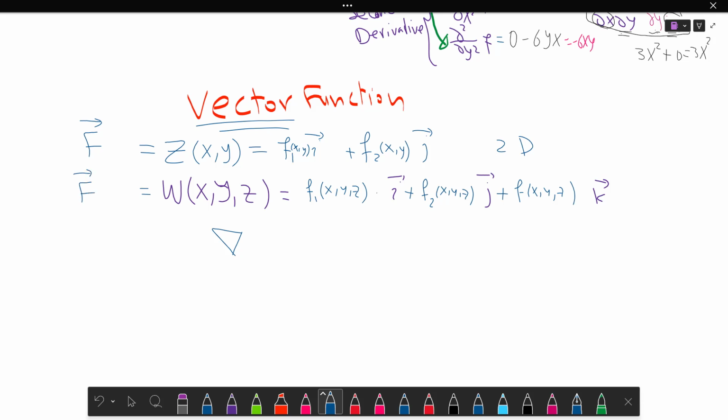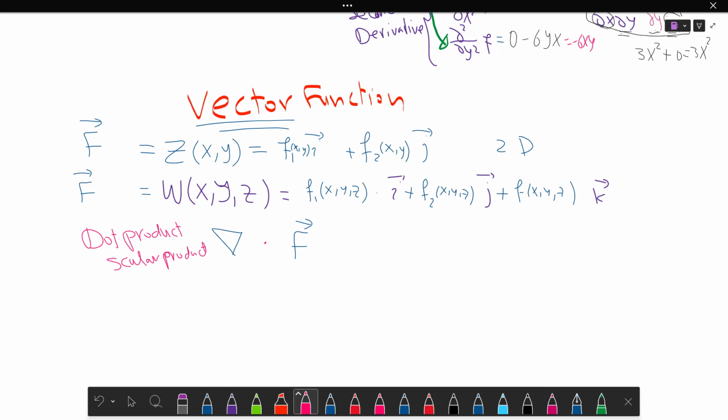Because I know nabla is a vector, right? And F is a vector. Between them, you may have 2 types of multiplication, right? One of them is the scalar multiplication, or dot product, or scalar product.